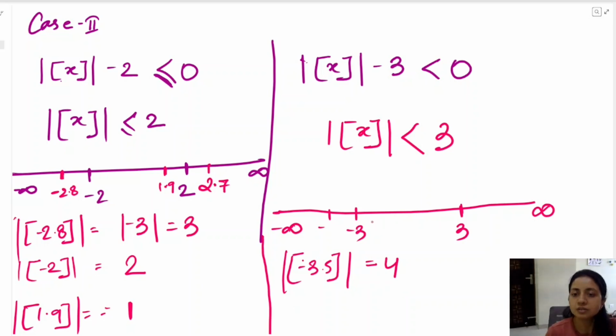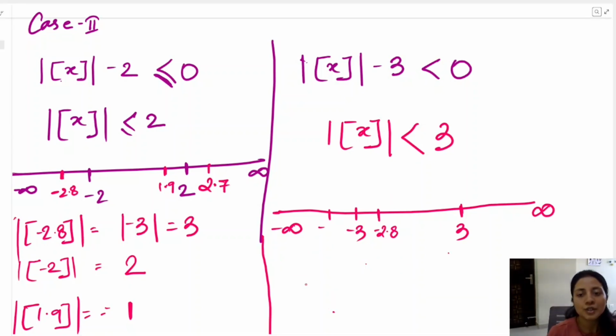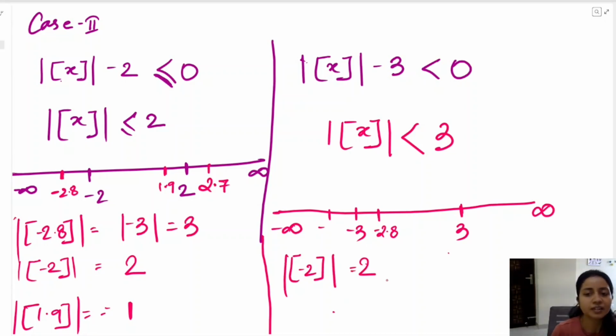What about a number that is very close to minus 3 but towards the right side, that means minus 2.8? This is giving us just 3. Still it is not satisfying our inequality. What about minus 2? This will give us just 2, and yeah, this is satisfying our inequality.